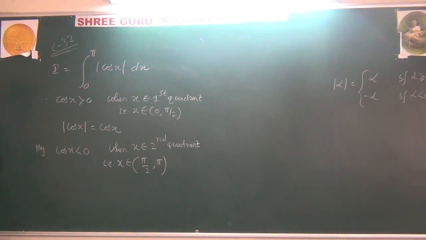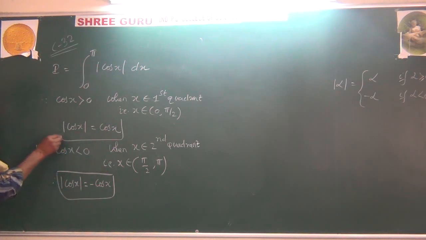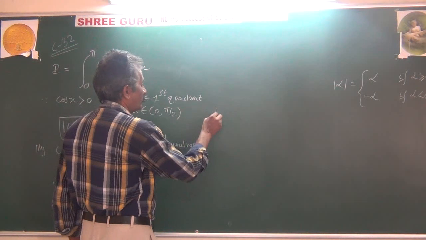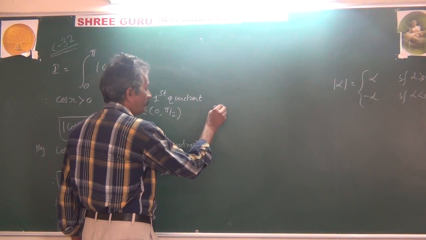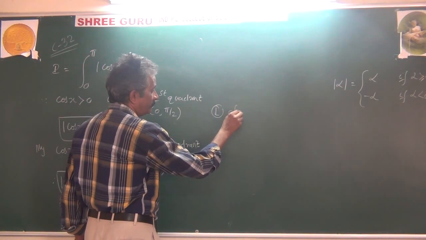And in this case, mod cos x will be equal to minus of cos x. You can underline this too. So now I changed. Therefore, I becomes our changed.